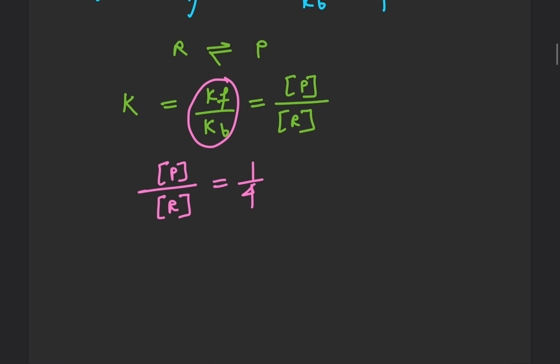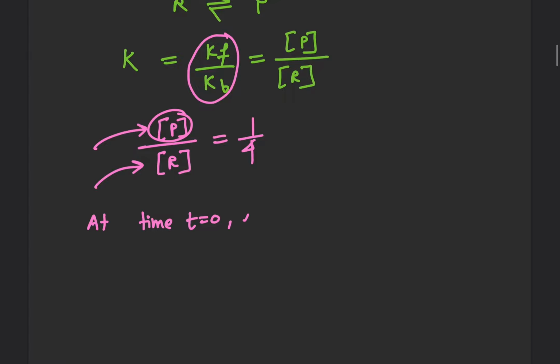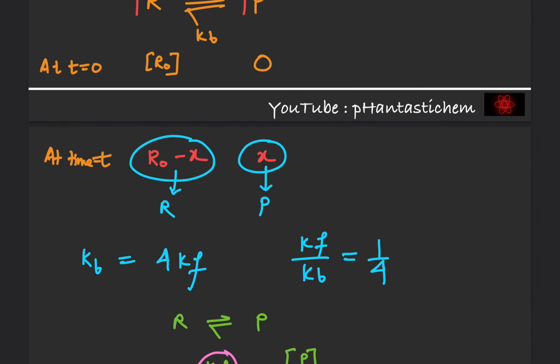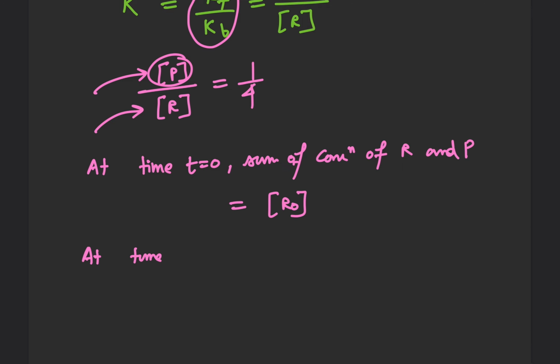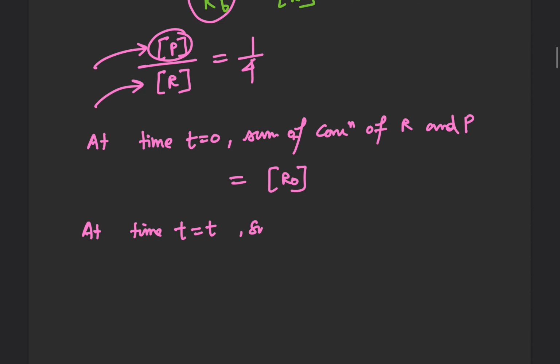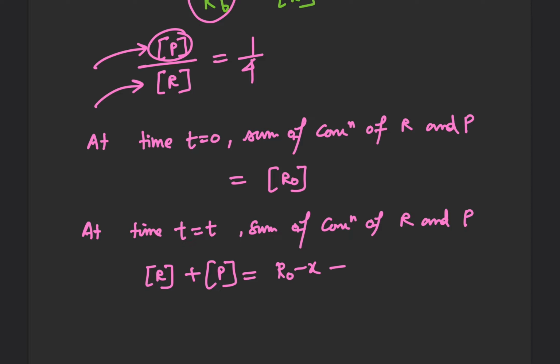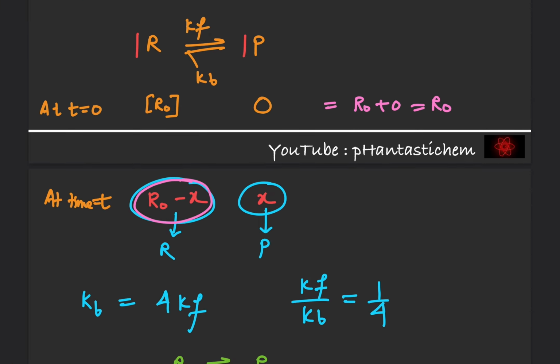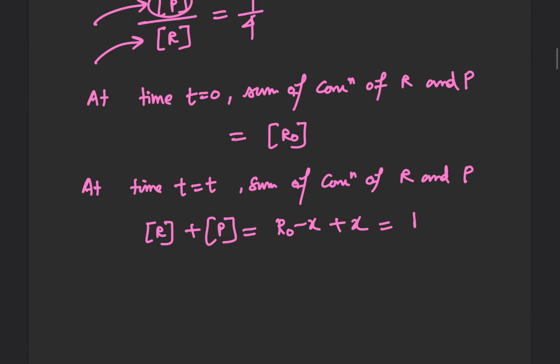So at time t equal to 0, the sum of the concentrations of R and P is R naught, and at time t when we reach equilibrium, the sum R plus P is R naught minus X plus X, which is nothing but R naught again.